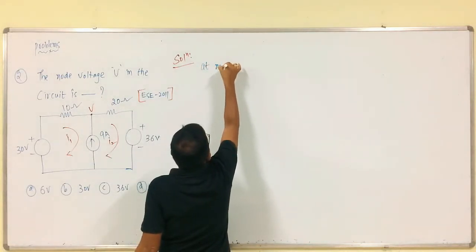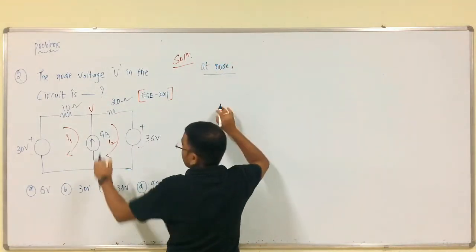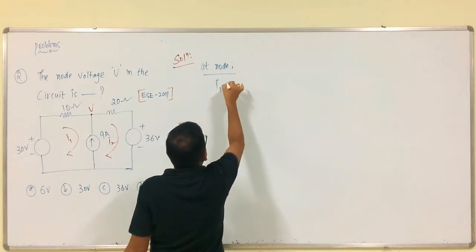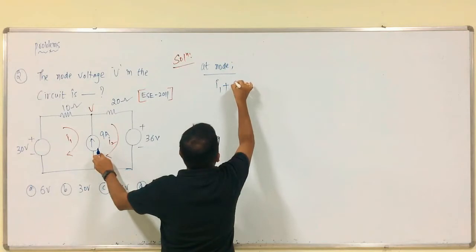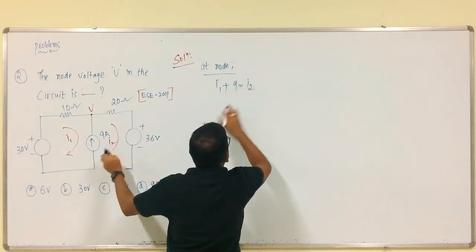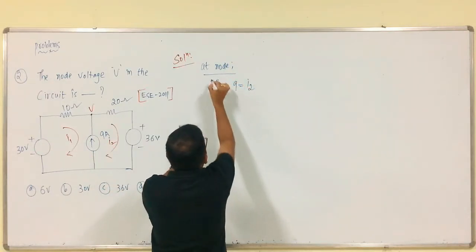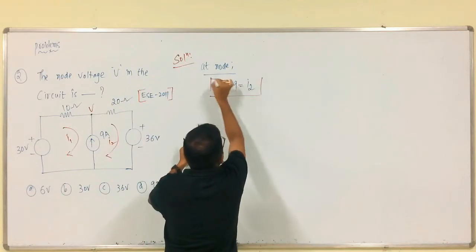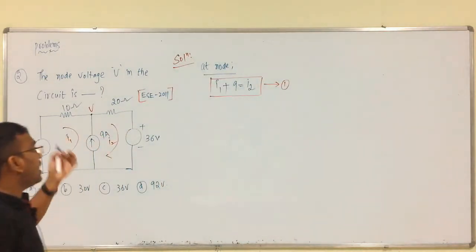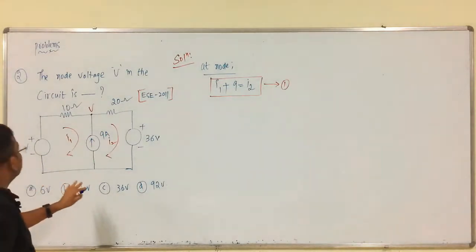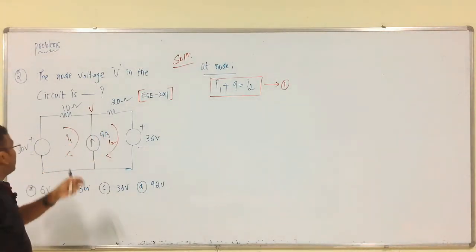At node, I1 is leaving, 9 is leaving, equal to I2, that is it. This is equation 1. I1 plus 9 equals I2. So, we are excluding this part.